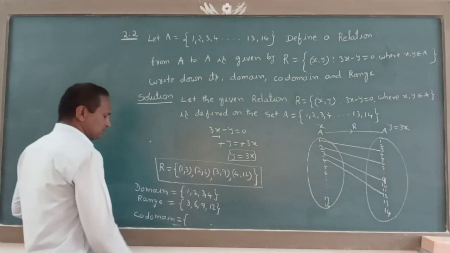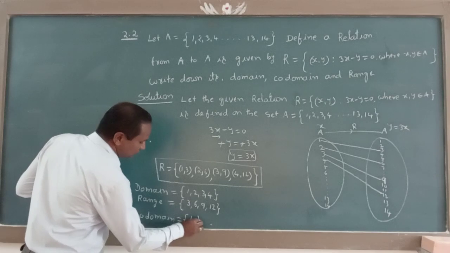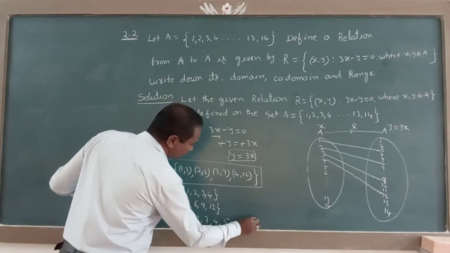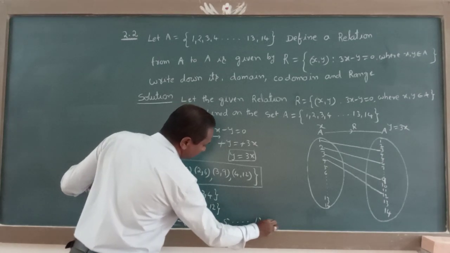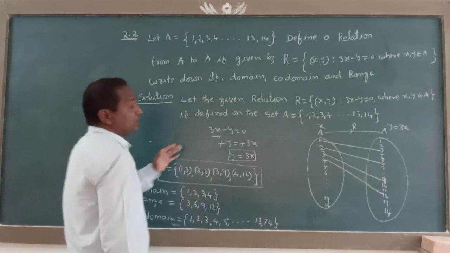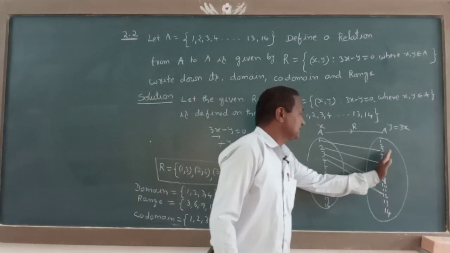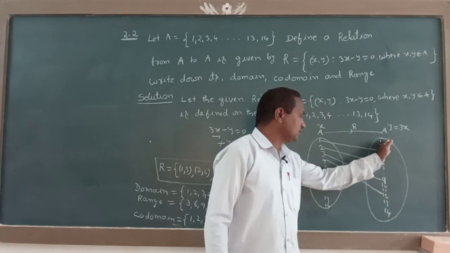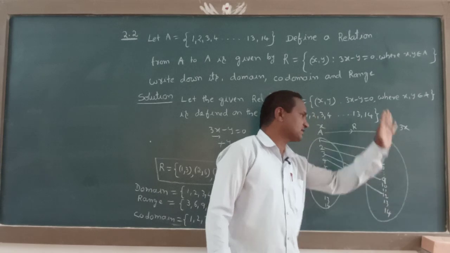That's why A is equal to {1, 2, 3, 4, 5, up to and so on, 13, 14}. What is the second set? That whole set is called codomain.